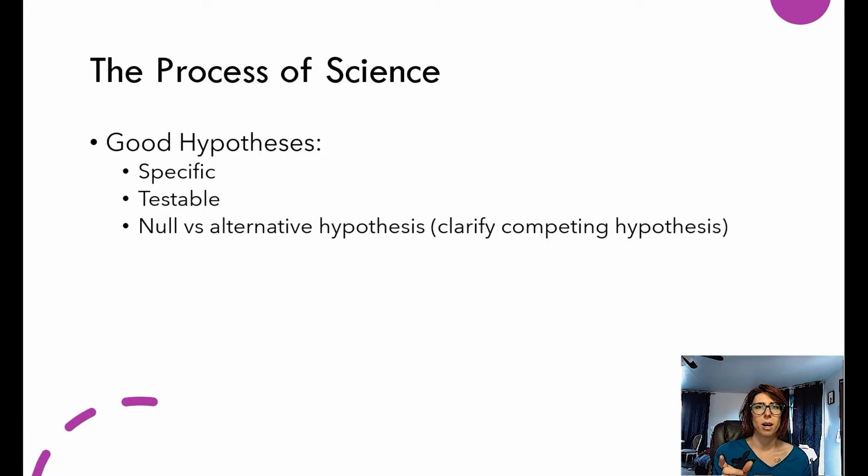Also, speaking towards clarity, you want to identify what the competing hypothesis is. So a null hypothesis is that nothing's going on. It's the boring hypothesis. That's usually the competing hypothesis. Your alternative hypothesis is the one that you're really interested in.